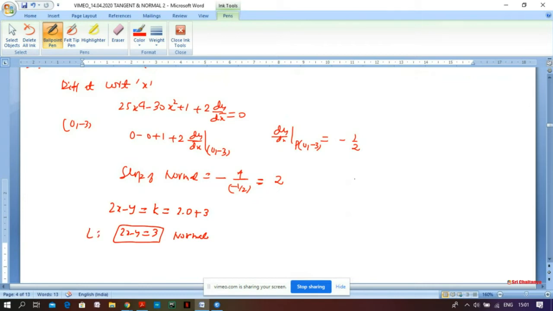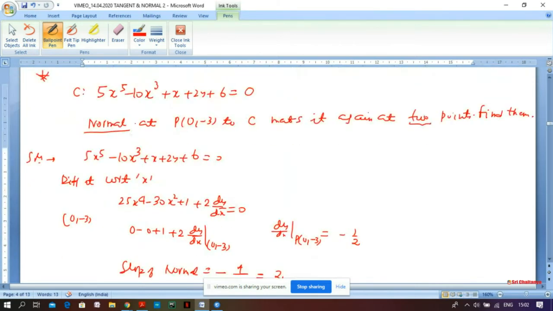So now my question is that some curve is there, and then some line is there which is normal at some point. Say this point P is (0, -3). I'll call it L. This is my C. It does not matter what my sketch looks like because I am doing analytical derivation, not on the strength of how the graph is plotted.